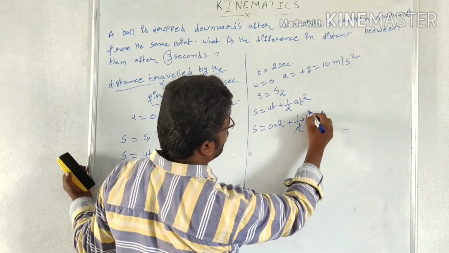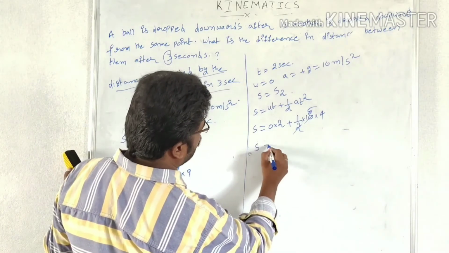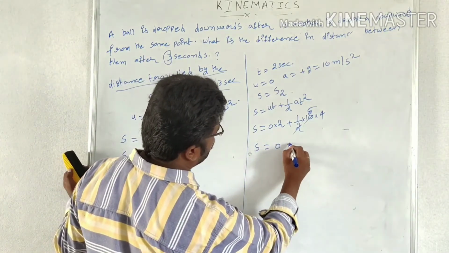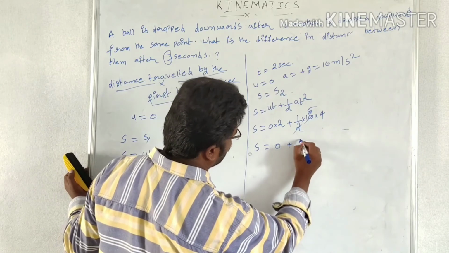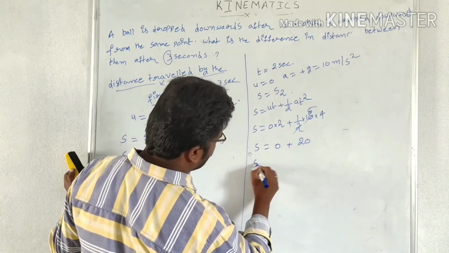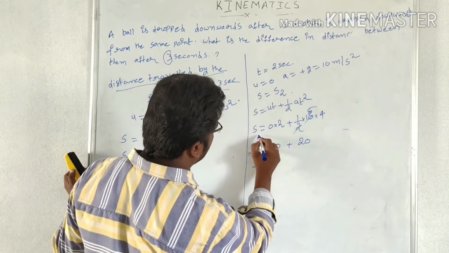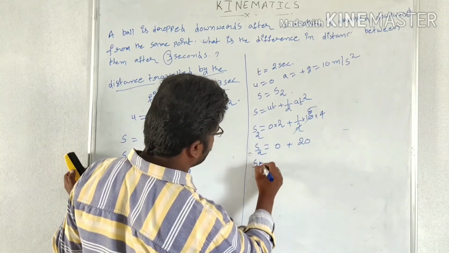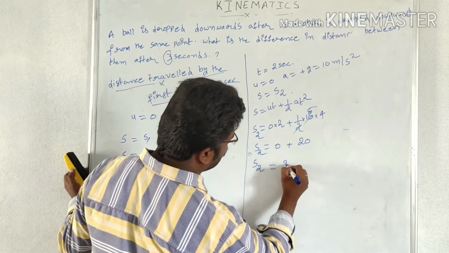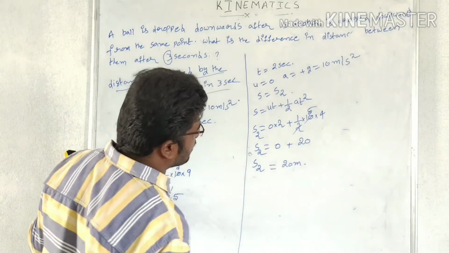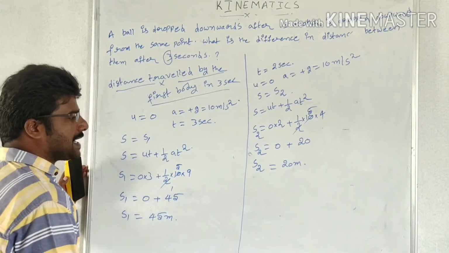So 2 ones, 2 fives. So S equal to 0 into 2, 0, plus 5 into 4, 5 fours, 20. In the place of S we write S2. S2 equal to 20 meters. This is the distance travelled by the second body in 2 seconds.